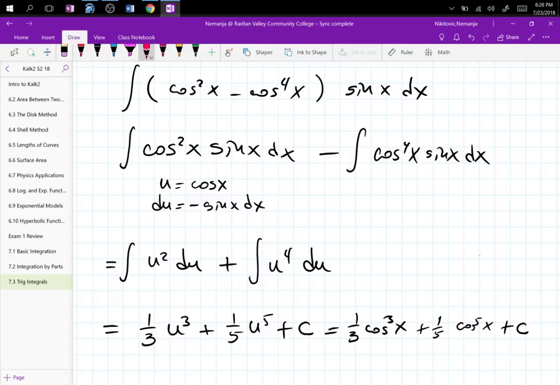And that will be the answer. Yeah, I know it's not pretty, but it is what it is.